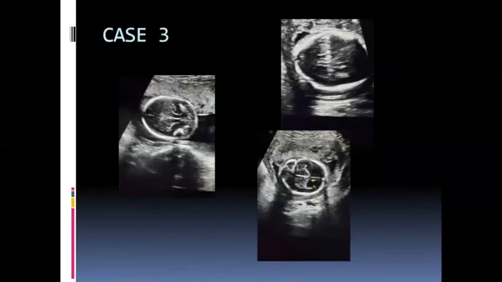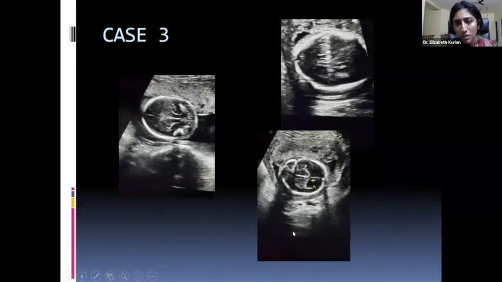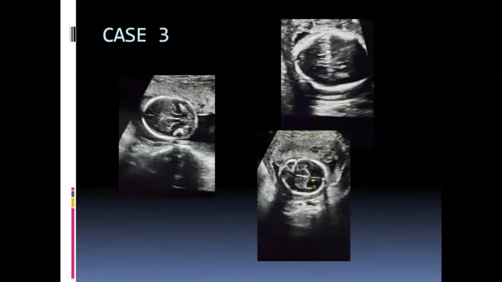Dr. Elizabeth, what is happening here? Hydrocephalus. Yeah, the lateral ventricles are prominent, right? And here we can see that the posterior fossa is very narrow, and the cerebellum is not seen clearly. There is also some abnormal shape of the skull.